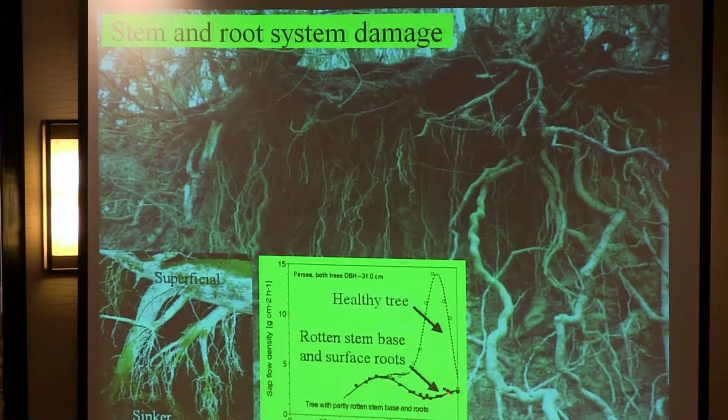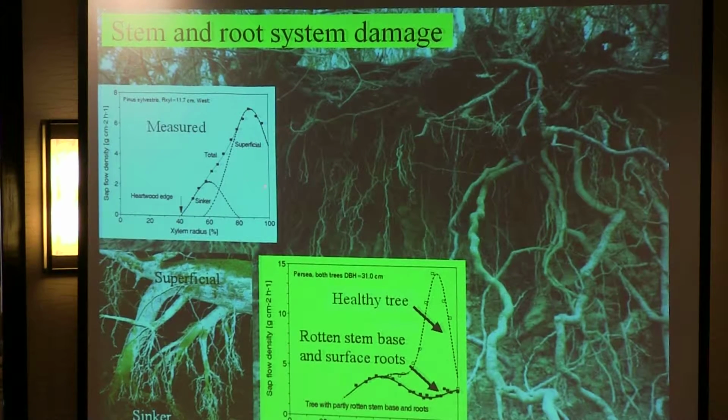I mean, its superficial roots were damaged, and also the stem bottom was damaged. This is a healthy tree. So this line corresponds to the water supply by superficial roots, and this here by sinker roots. Sinker roots were not damaged in either of these 2 trees.